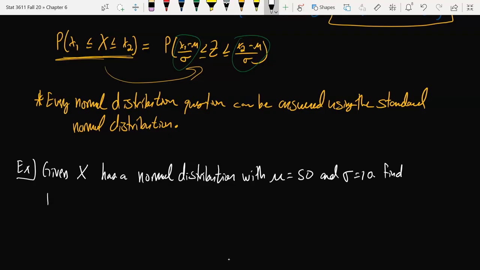Let's find the probability that X is between 45 and 62.